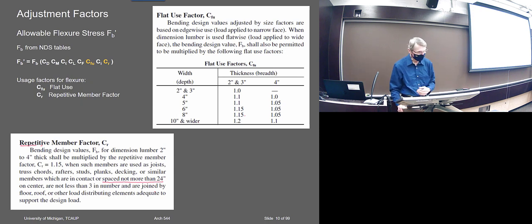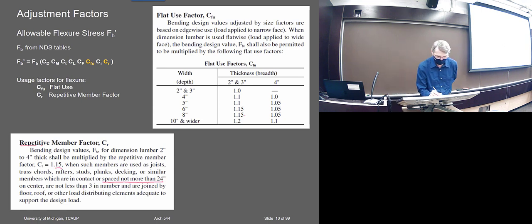So if for some reason your joists are spaced 36 inches on center, which is probably against other code factors, you could not apply this. They'd be spaced too far apart. The idea is if they're spaced 24 or closer, if one of them's a little weaker, the ones on either side will pick up the difference and it'll balance out. So they give you a little 15% bonus for that. Okay.